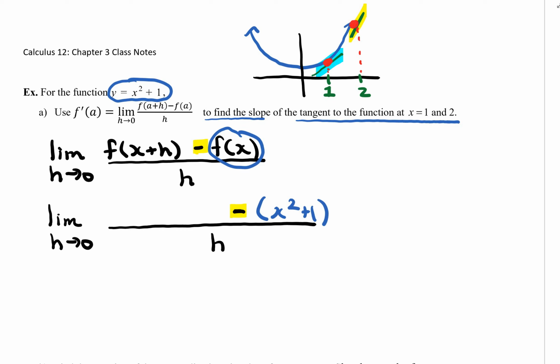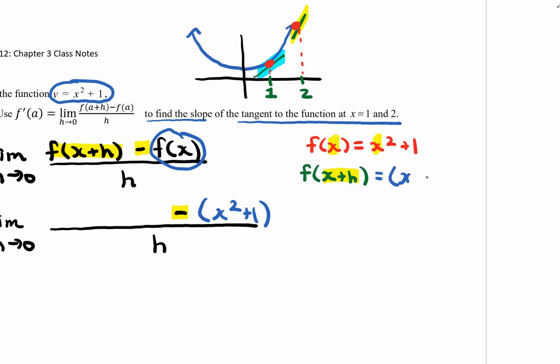And sometimes when we're getting familiar with the definition of the derivative, students need to become familiar with this part right here, which is f of x plus h. And on the side here, I'll just write f of x is the original function, which is x squared plus 1. And what we need to do is find f of x plus h. Basically, what this really means is anytime you see an x, the x's get replaced with x plus h.